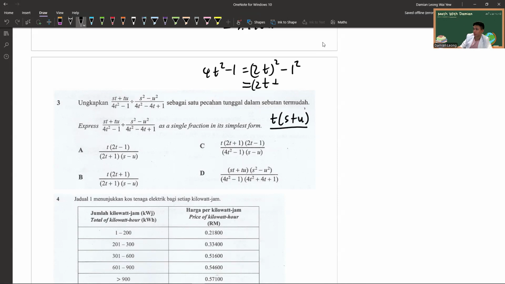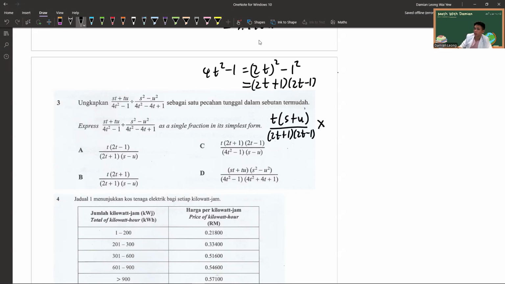So I can factorize into one bracket plus, one bracket minus. So I get 2t plus 1, 2t minus 1.